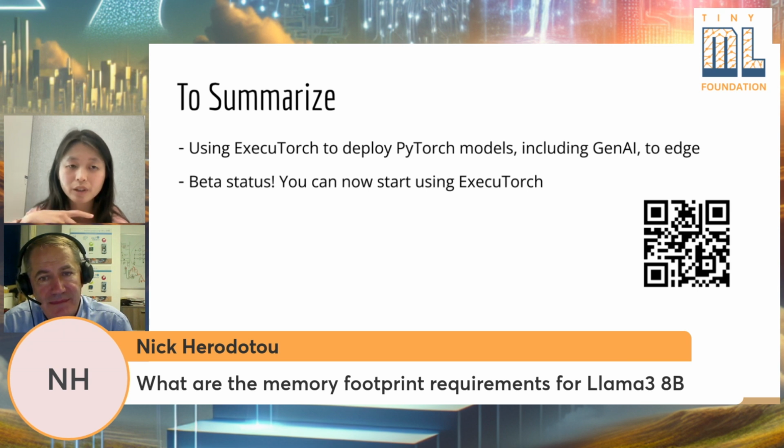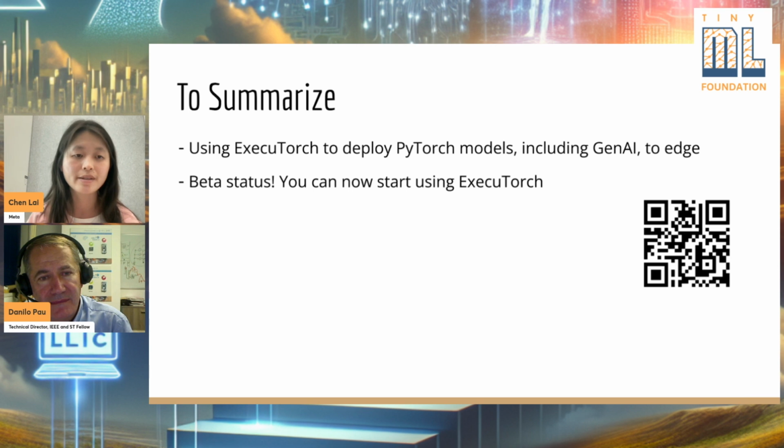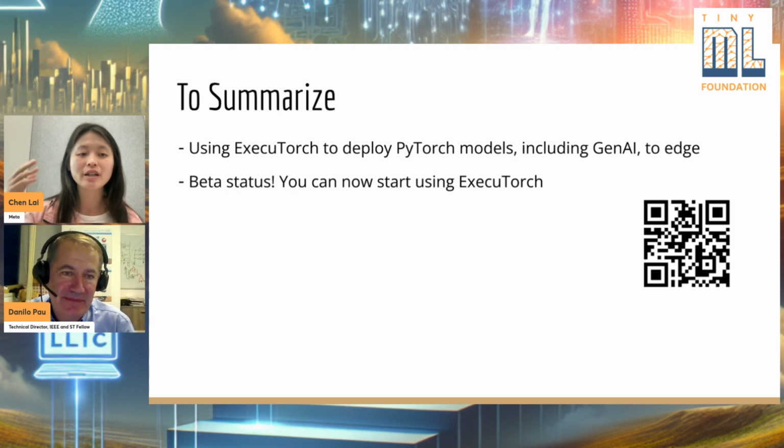Regarding how memory works in ExecuTorch, we pre-allocate a chunk of memory, and then we plan it carefully so that we can reuse some memory when a tensor is no longer needed. Based on the tooling, we can continue optimizing it.